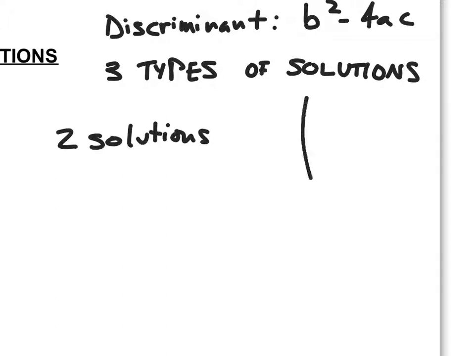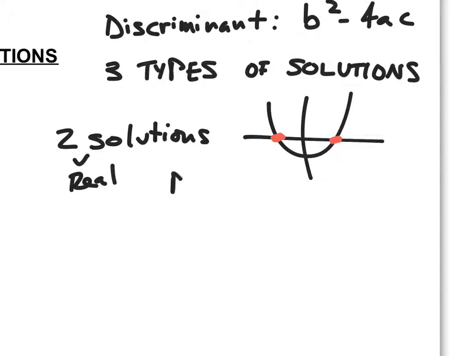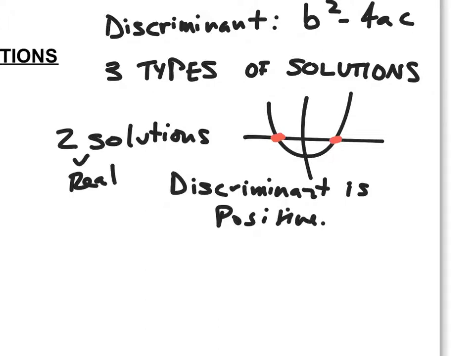That's when you have a quadratic that crosses and creates 2 points. Two solutions, two real solutions. Let me write that, two real solutions. And that's when your discriminant is positive.